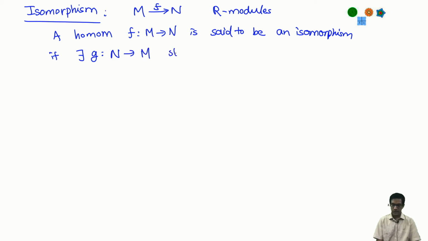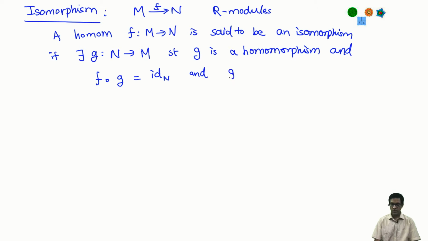There exists G such that G is a homomorphism also, and F and G are mutual inverses of each other, which means F composition G is the identity map on N and G composition F is the identity map on M.